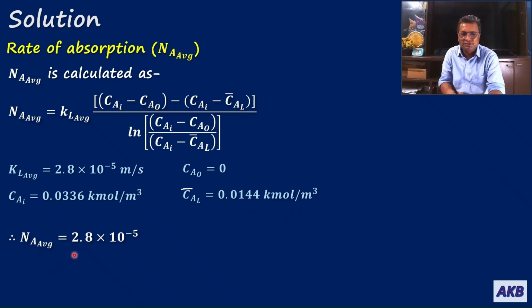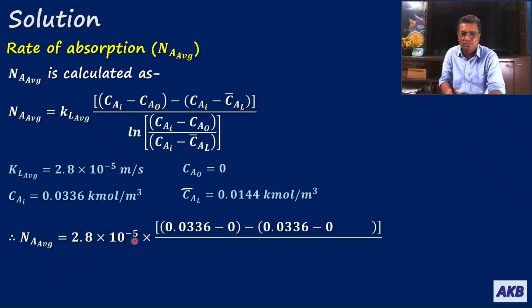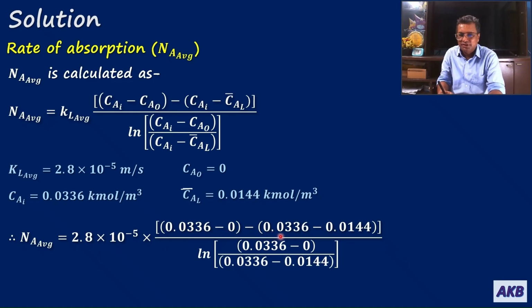So therefore NA average will be equal to 2.8 into 10 to the power minus 5 into 0.0336 minus 0 minus 0.0336 minus 0.0144.